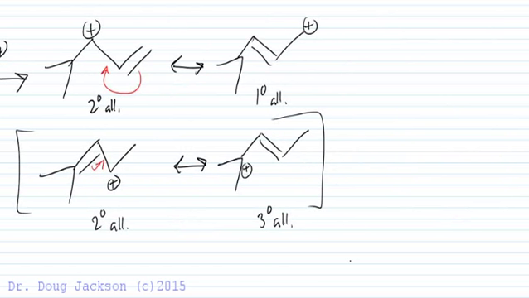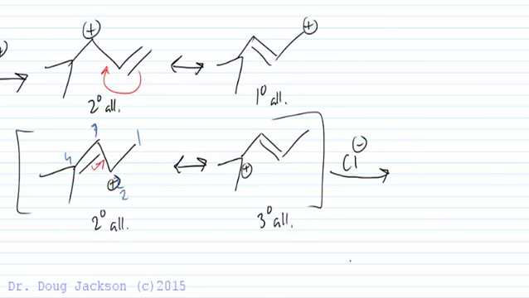So in this case, since this is more stable, we add our chloride 1,2 versus 1,4. So 1,2, where did we start? We started here.